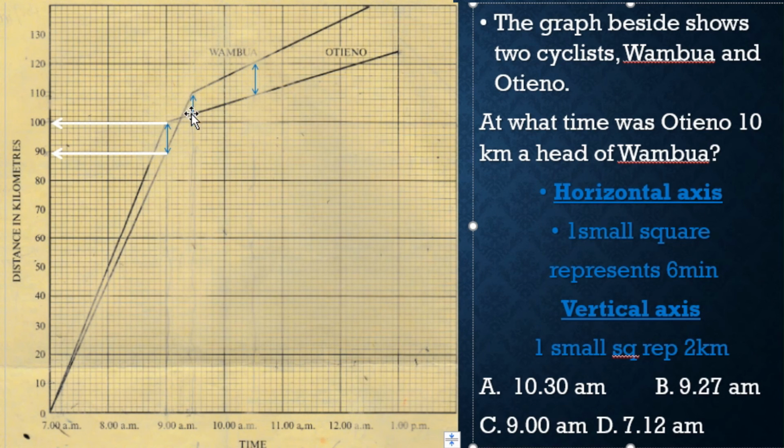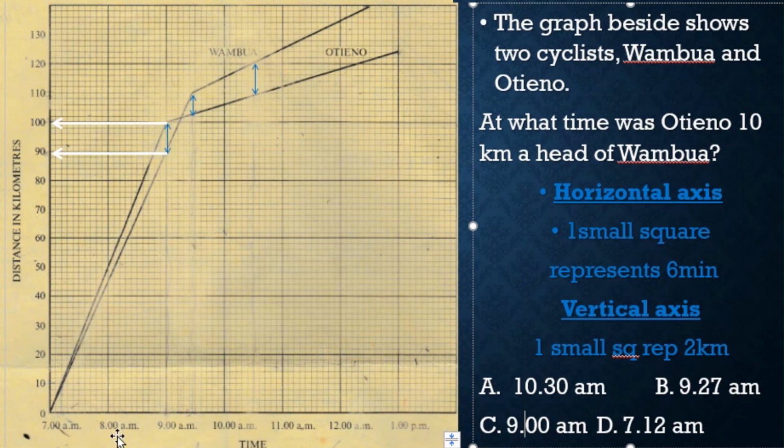Again, here it is still Wambua who is ahead. So this will not give us the right answer because we want the time when Otieno is 10 kilometers ahead of Wambua. At 10:30, it's Wambua who is ahead. At 9:27, it's Wambua who is ahead. Even if it gives us 10 kilometers as the difference, that is not what we are looking for. We are looking for the time when Otieno was 10 kilometers ahead.